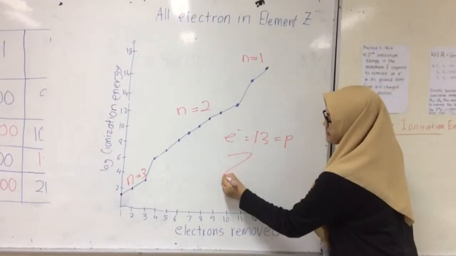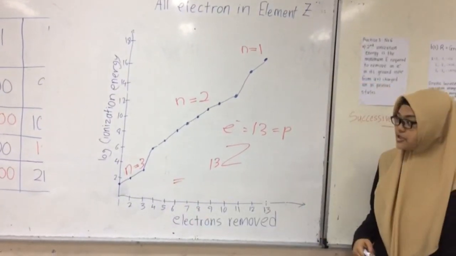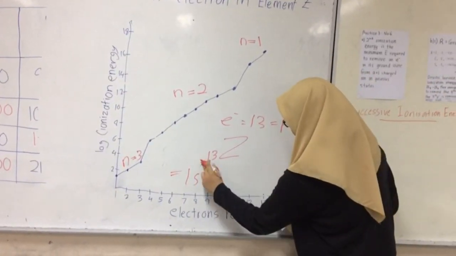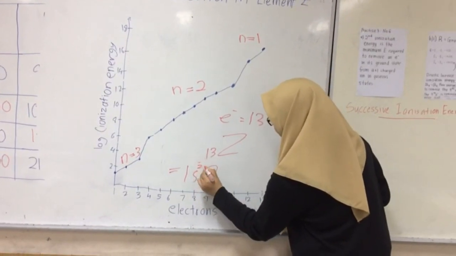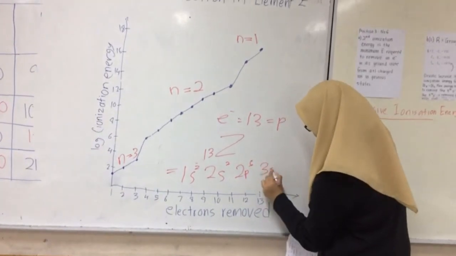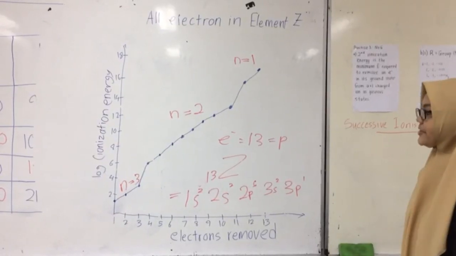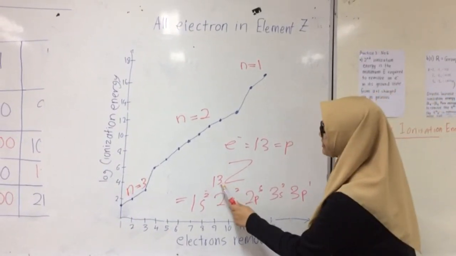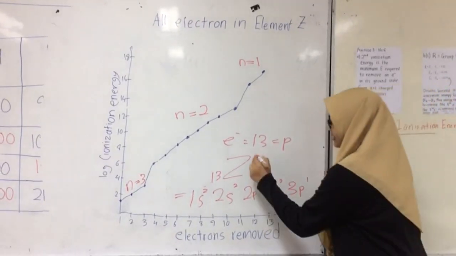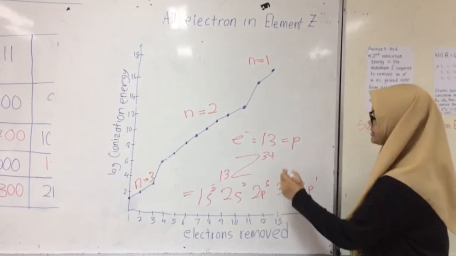We can find the electronic configuration of element Z: 1s2, 2s2, 2p6, 3s2, and 3p1. From the result, we know that element Z has 13 electrons and 3 valence electrons, and it will form a positive ion.